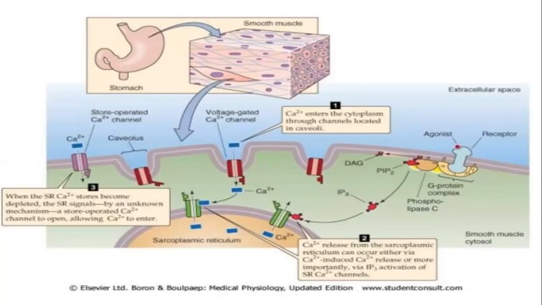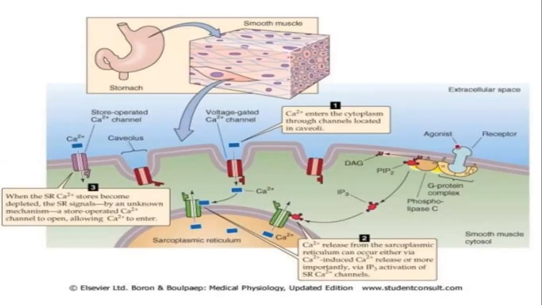In the smooth muscle, the contraction is thick filament regulated. Here, the troponin is absent, so the active sites of the actin filament are not covered. We need the myosin head to be activated for having the ATPase activity.